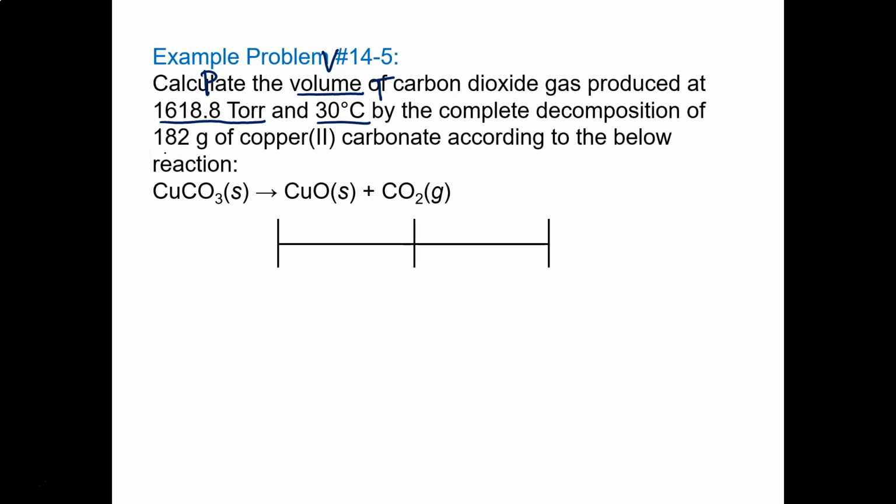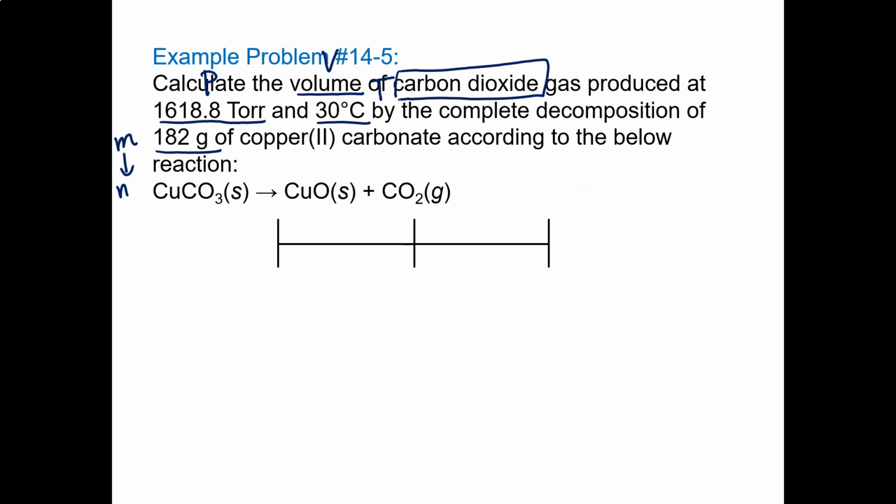So I'm going to underline 182 gram because that is a mass that could easily be turned into mole. Now the question is, what is the chemical that should be in my final answer? So my final answer should be in carbon dioxide.